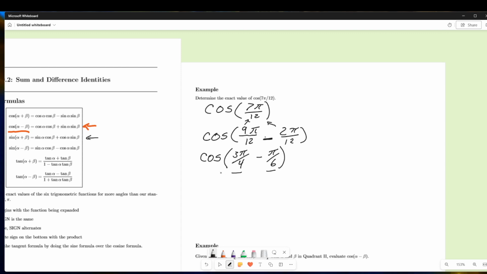Cosine of A, cosine of B, so the cosine of 3 pi over 4 times the cosine of pi over 6 plus, do be careful about that, notice the signs switch with cosine, so plus the sine of 3 pi over 4, just a sine of the first one, times the cosine of pi over 6.